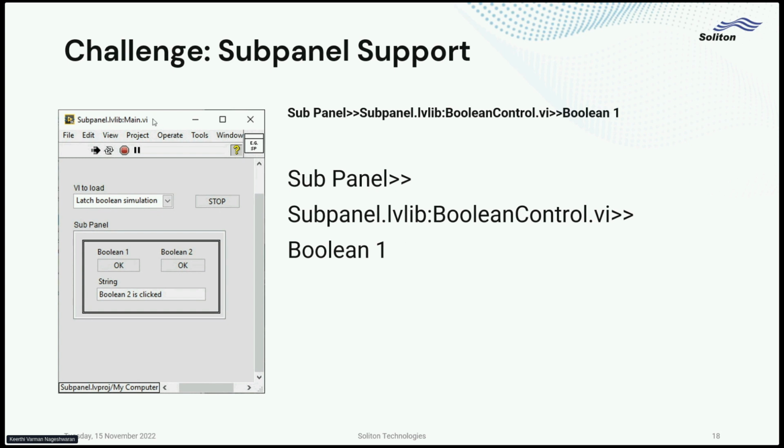Starting from the top level VI, we have a subpanel with the label subpanel. That's our first input, followed by a VI with the name boolean control, which is present inside the subpanel library. And inside that VI, we are expecting a control with the label boolean1. This is how we can provide a path to the controls inside a subpanel.